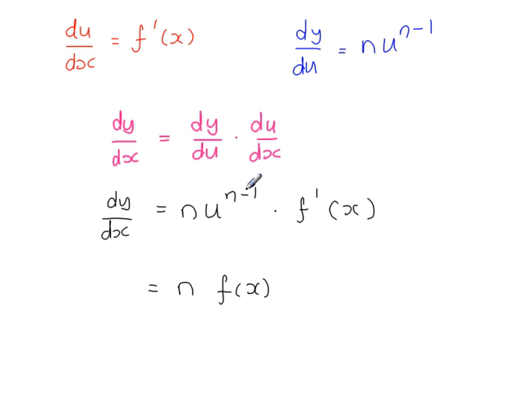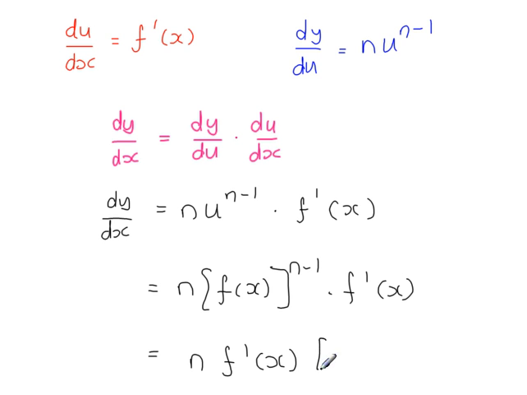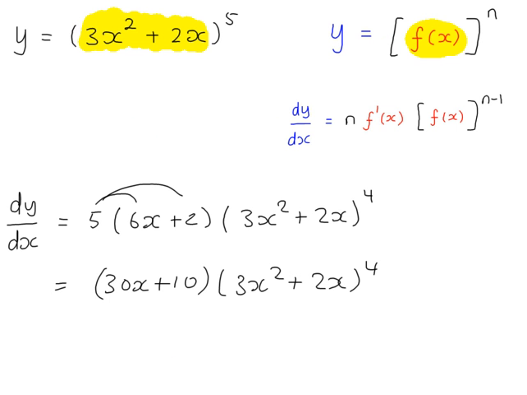So it's all of that to the power of n minus 1, and this is where I'm going to use some brackets here, n minus 1 times f dash x, and then rewriting everything as n f dash x times f of x to the power of n minus 1. And this is exactly the same as this.